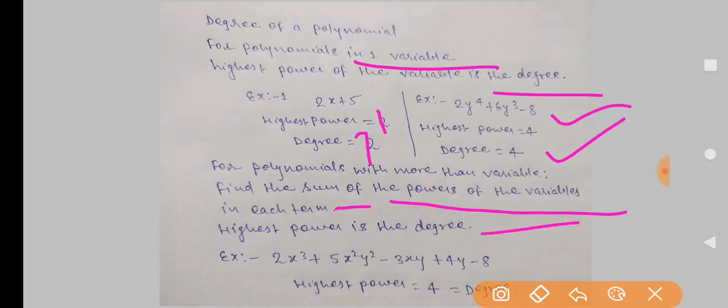Okay. Here is one example, 2x cube plus 5x square y square minus 3xy plus 4y minus 8. In 5x square y square, we at first sum the powers of x and y, that is 2 and 2, 4. So the highest power here is 4. So our degree is 4. Okay.